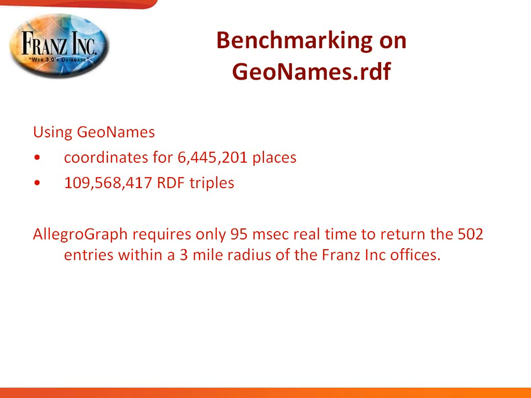It can be populated areas, but also mountaintops or beaches or even post offices. And all in all, that gets you more than 110 million triples right now. And then if we say want to find all the 502 entries within 3 miles of the Franz offices, we can find it in 95 milliseconds. So that's relatively fast.